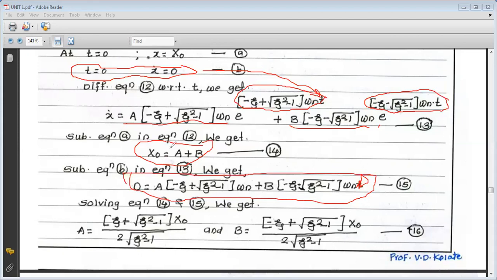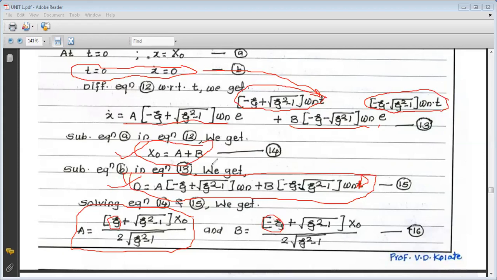Now there are two equations and two unknowns. By solving these two equations, we get the value of a. What is the value of a? a becomes zeta plus square root of zeta square minus 1 into x0 upon 2 square root of zeta square minus 1. And what is the value of b? Minus zeta. The only difference is this: there is plus zeta in a, and minus zeta in b.